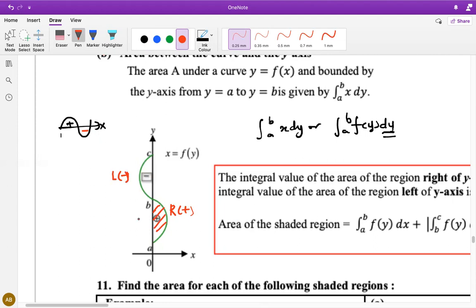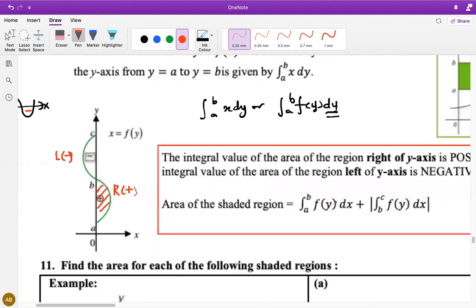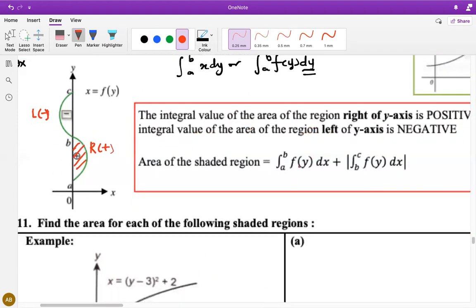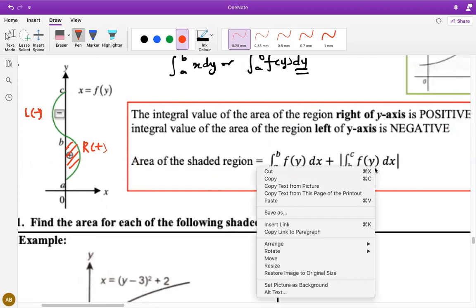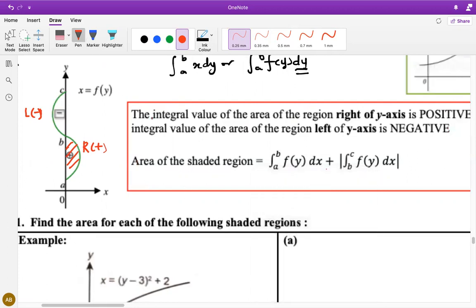So when you want to find these two areas, remember it is the area from a to b of f(y) dy, and plus b to c of f(y) dy. Sorry, this one is wrong. It should be f(y) dy, f(y) dy. The most important thing here is that if this is negative, then when you integrate, you must put modulus.